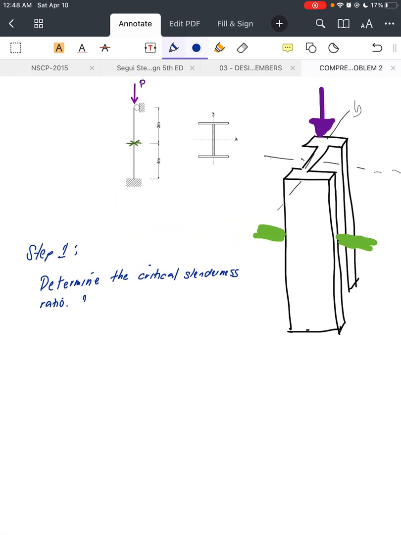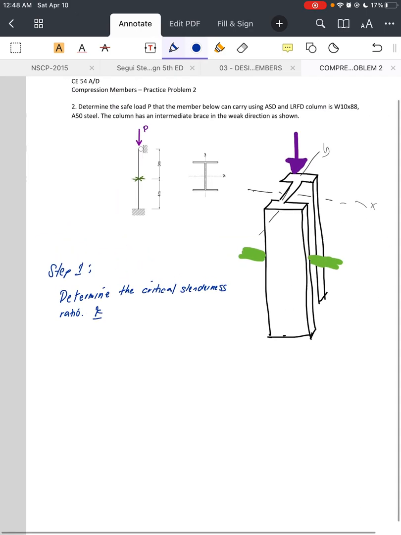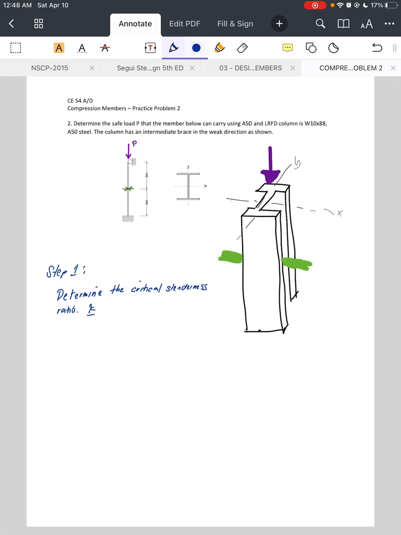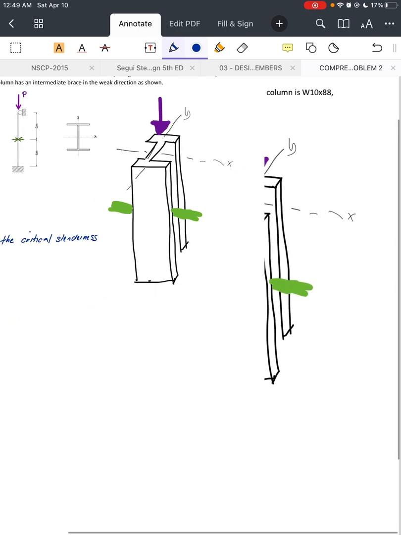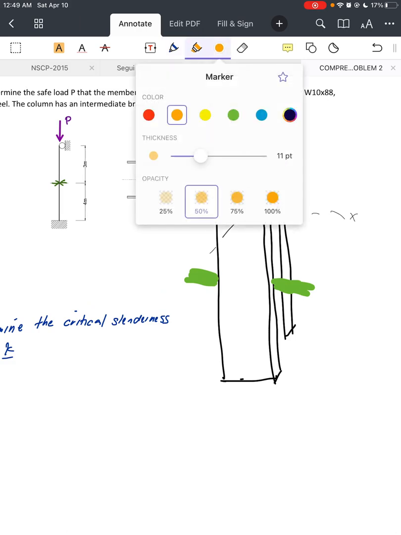Okay? So, yung K. Now, for this type of structure, we will have 3 cases. Okay? So, first, let's have a buckling along x-axis.